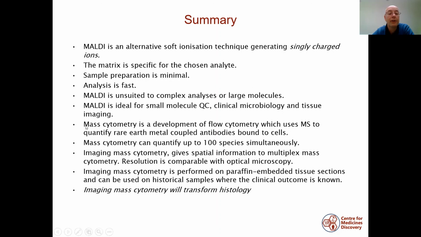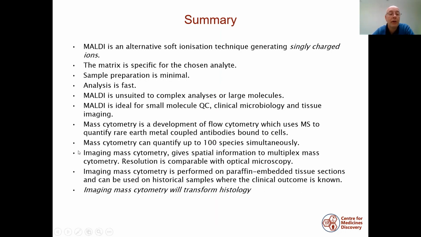So we've looked at mass cytometry, and this is a development of flow cytometry, and it uses mass spectrometry to quantify rare earth metals that are coupled to antibodies which are bound to cells. You can quantify a large number of species simultaneously, which is very advantageous.